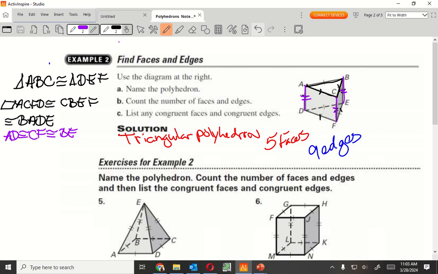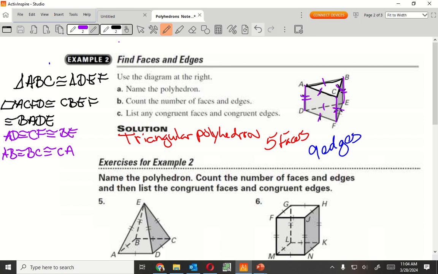Now let's look at all the single tick marks. There's a lot of single tick marks here. We know AB, BC, and CA all have this single tick mark. So I can say that AB is congruent to BC, congruent to CA, and those also have the same single tick mark as the bottom, down here.